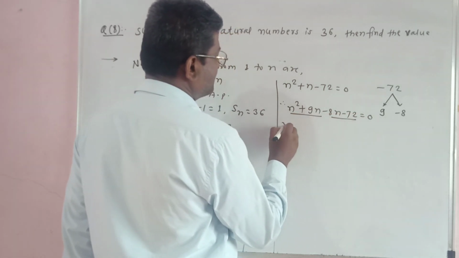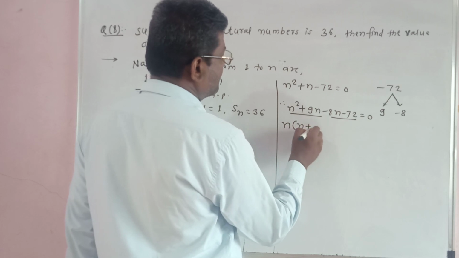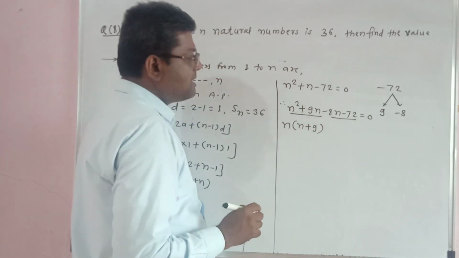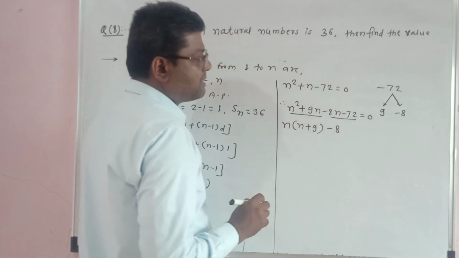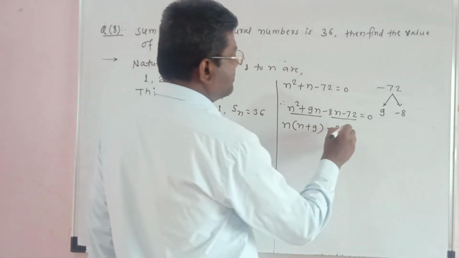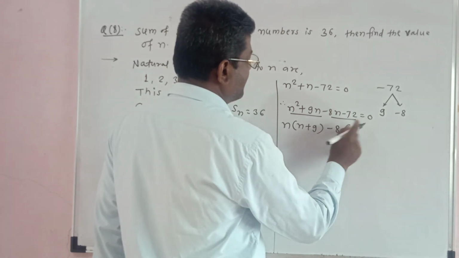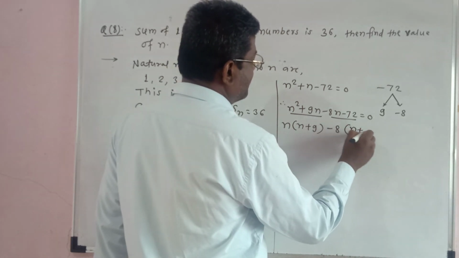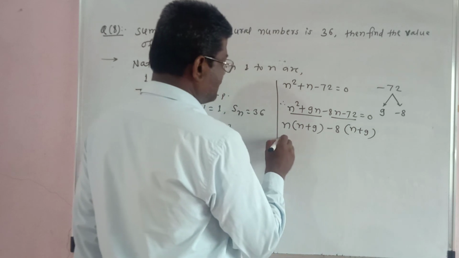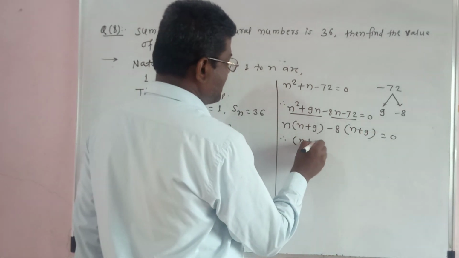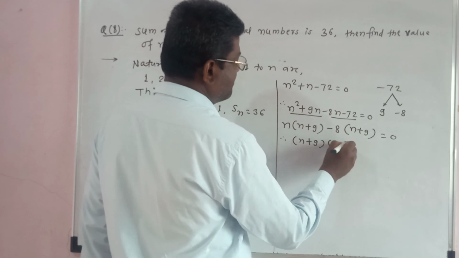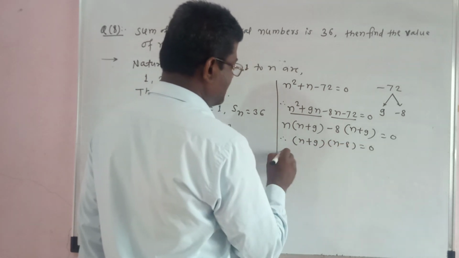In the first two terms we get n common, so in bracket n plus 9. In these two terms minus 8 will be common, so in bracket there will be n plus 9 is equal to 0. Therefore n plus 9 into n minus 8 is equal to 0.